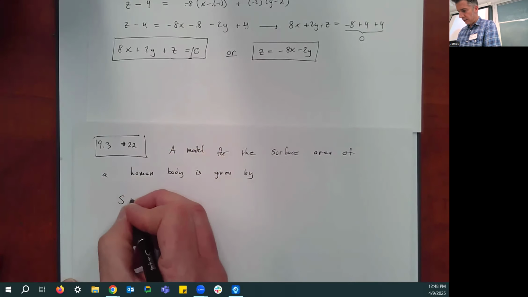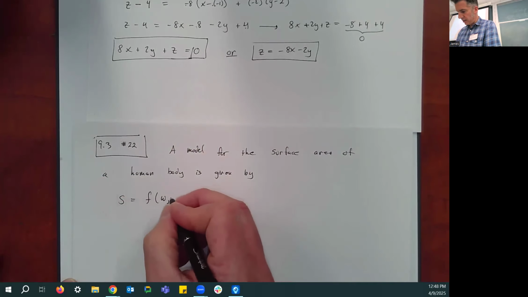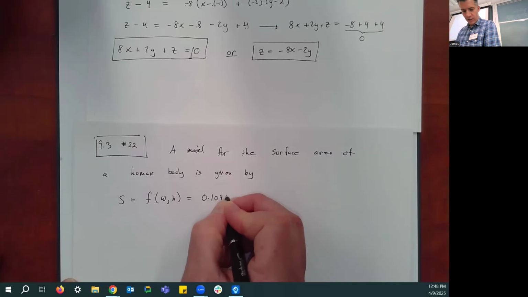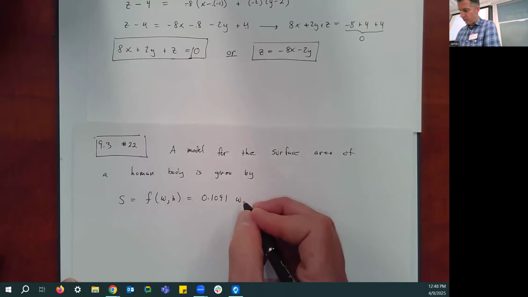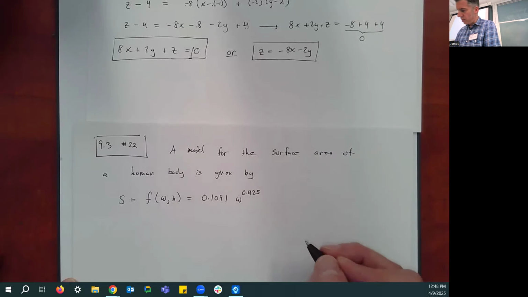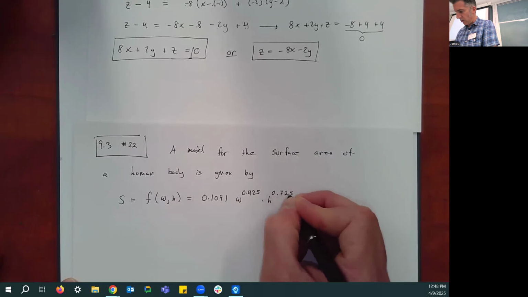S is equal to a function of weight and height, equal to 0.1091 times your weight in pounds raised to the 0.425 power times your height in inches to the 0.725 power.